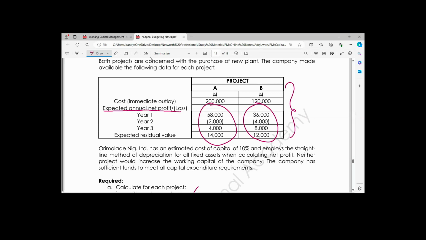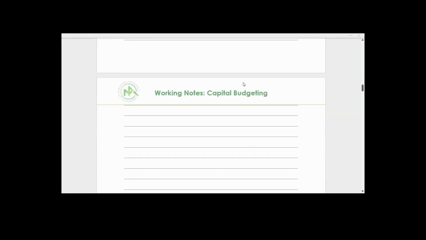I want to switch to the working note. All right then. So the name of this company is Orimolade. Solution to illustration number 2.